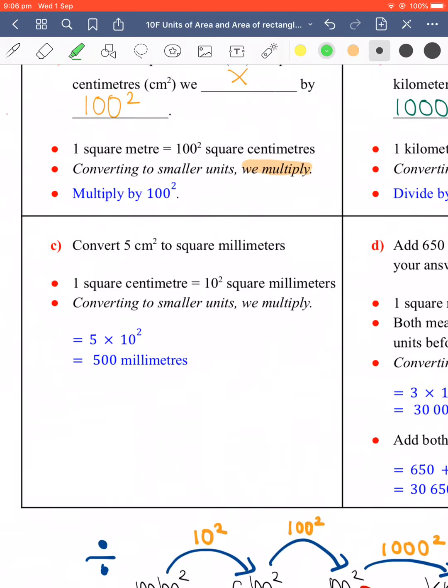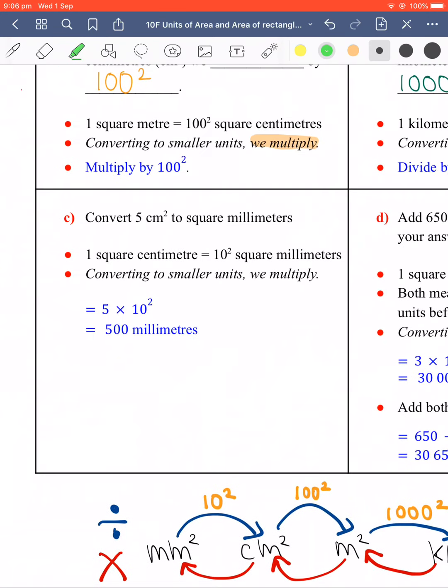Next thing, we're doing some more conversions. So now I've got 5 centimeters squared, and I'm changing it into square millimeters. So I'm going from centimeters squared to millimeters squared. So what I'm going to do is multiply. Let's make a little note of that.